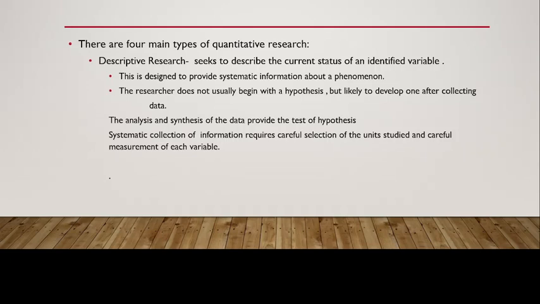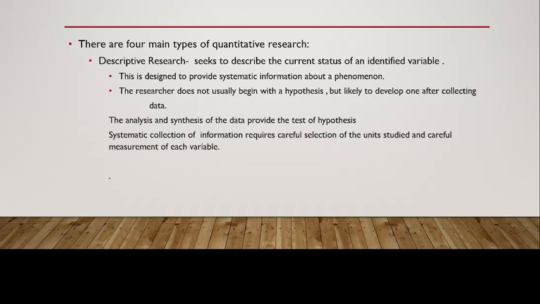Then there is a systematic collection of information that requires careful selection of the units studied and careful measurement of its variable. So that's a descriptive research. From the word describe, you are just going to describe the status of your identified variable.